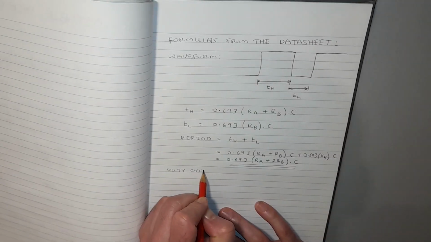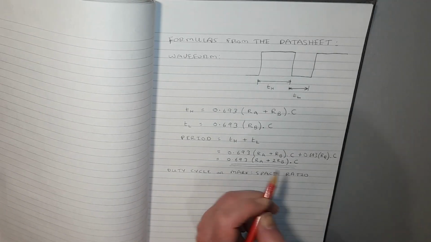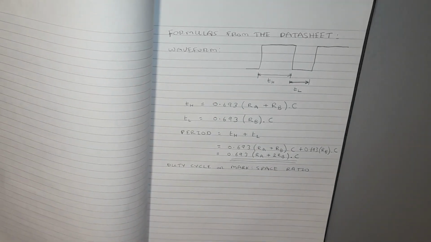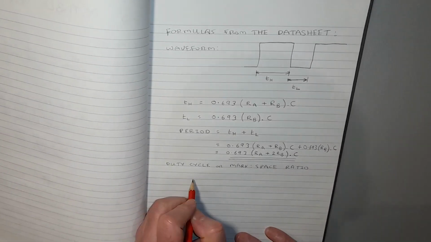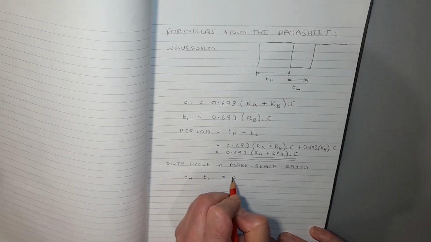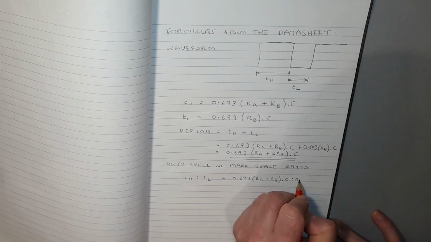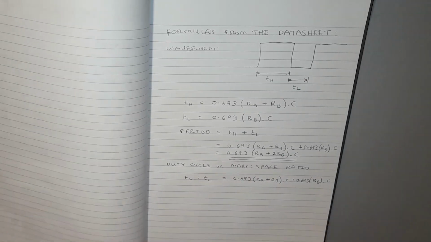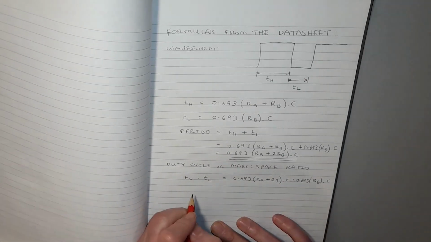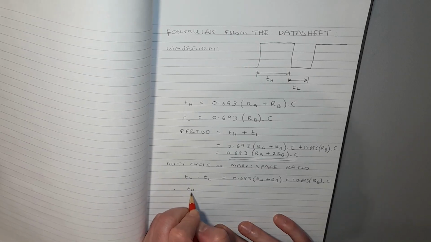Now, the duty cycle, or the mark to space ratio, is the ratio of TH to TL. So that's 0.693 of RA plus RB times C in relation to 0.693 of RB times C. And another way to write this is TH over TL.